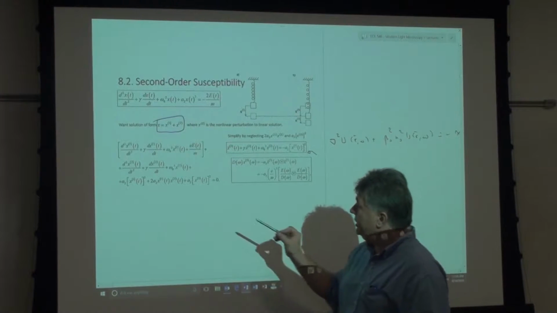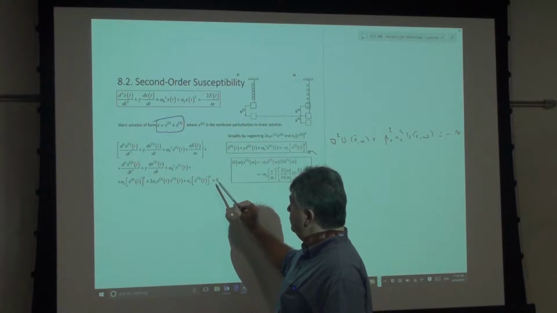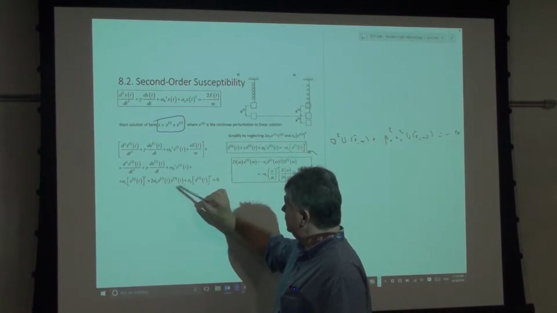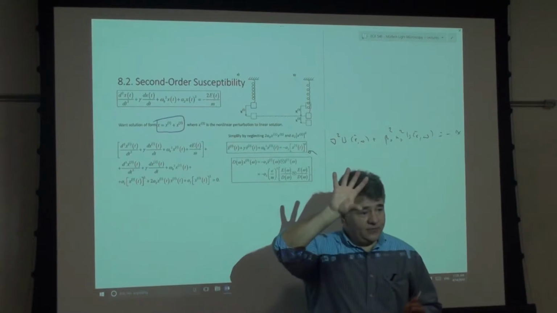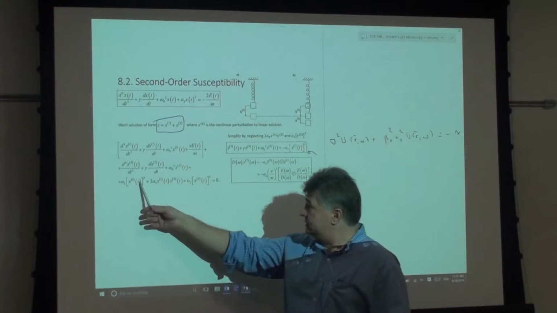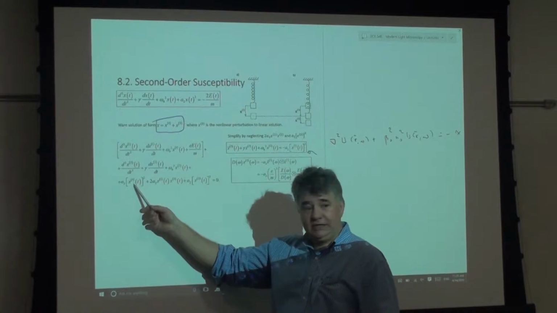And we're going to say that here we're going to neglect all the things with x2 in them. So again, we neglect the nonlinear part in the driving term. So we say that the nonlinear equation is driven by the linear response.